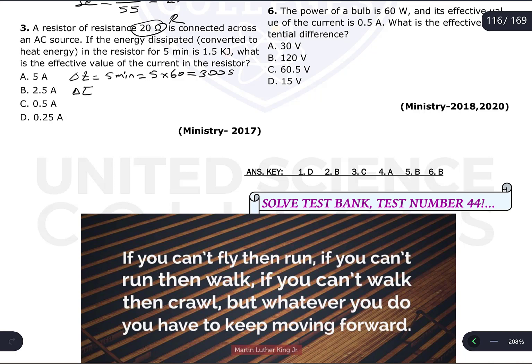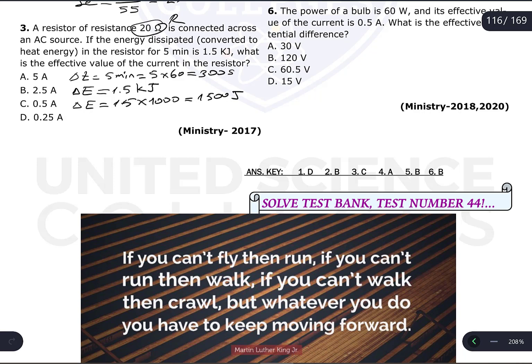The energy given out by this resistor is 1.5 kilojoule, but in calculation we don't use kilojoule, we have to convert it to joule by multiplying by 1,000. 1.5 multiplied by 1,000 is 1,500 joules.